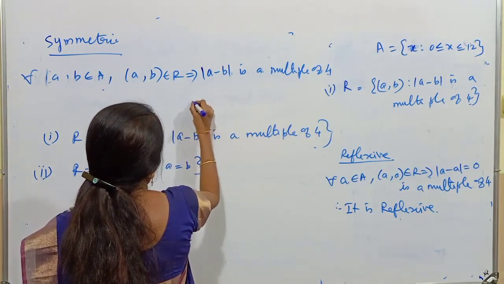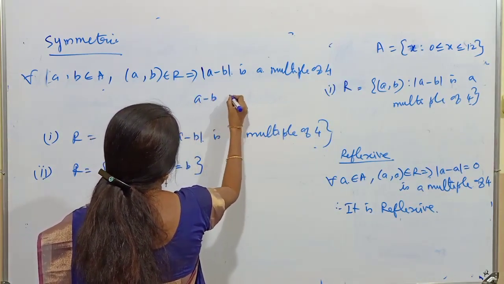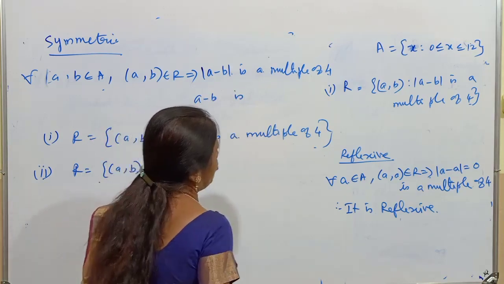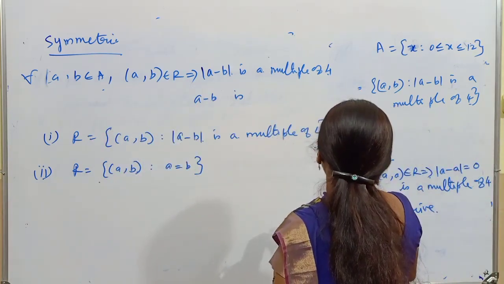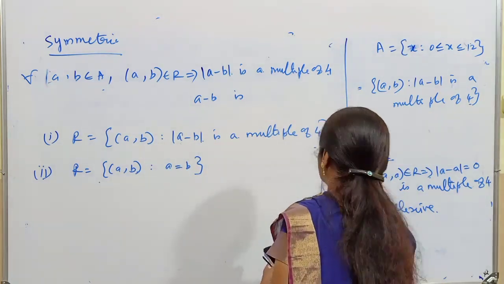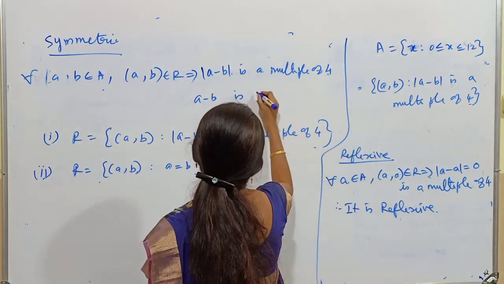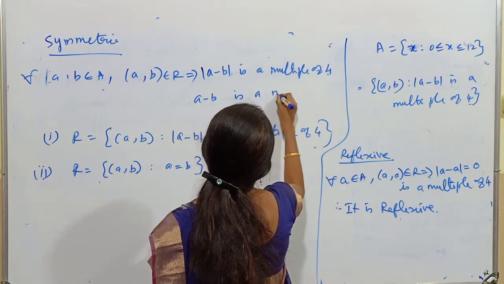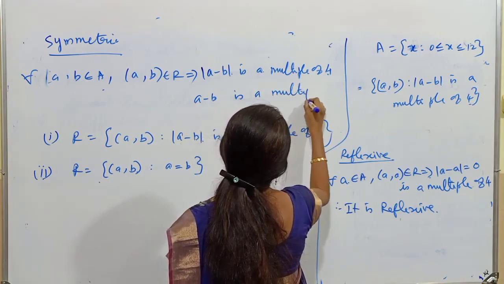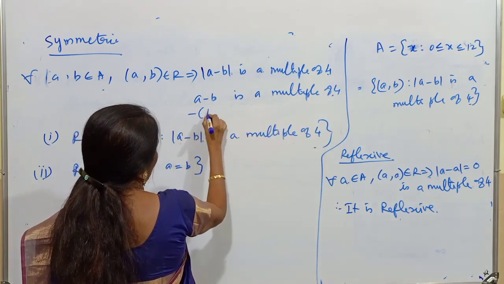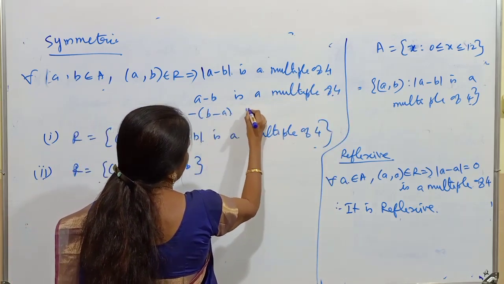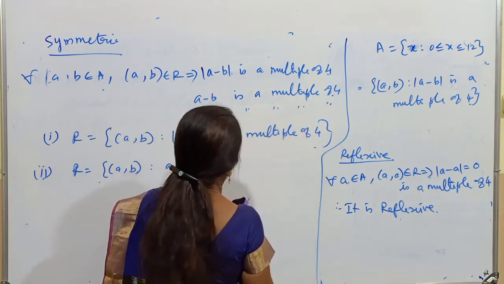So you can say that A minus B is a multiple of 4. So that is minus of B minus A is a multiple of 4.